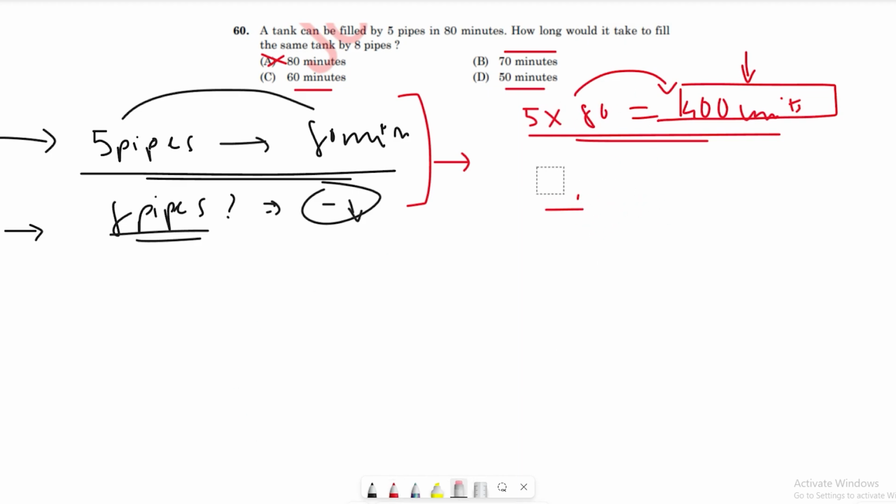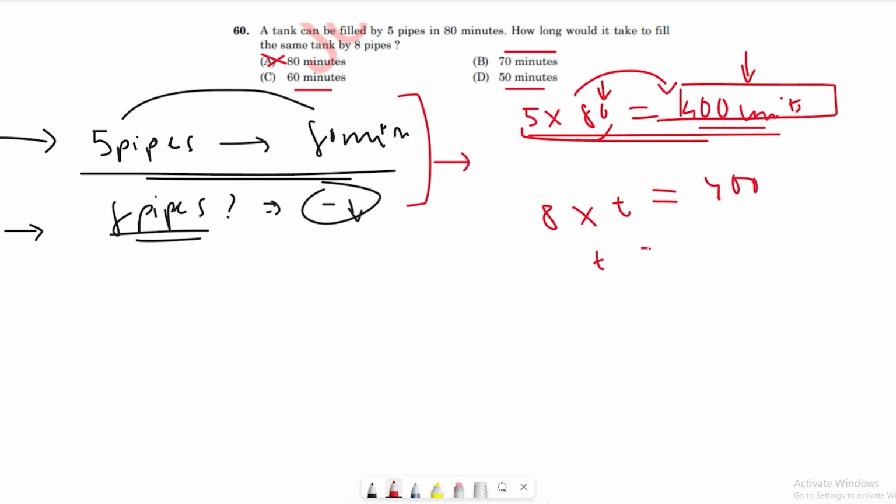Let's make it in the form of an equation, then you'll understand it better. 5 pipes take this much amount of time to complete this much amount of work, so 8 pipes will take, for example, t amount of time to complete 400 units of work.